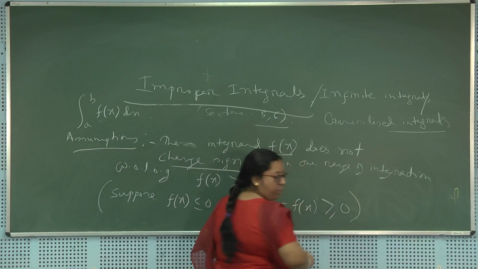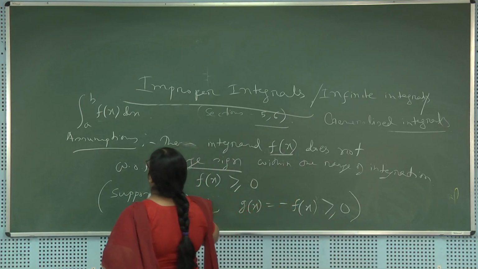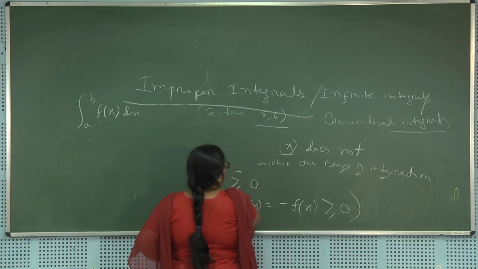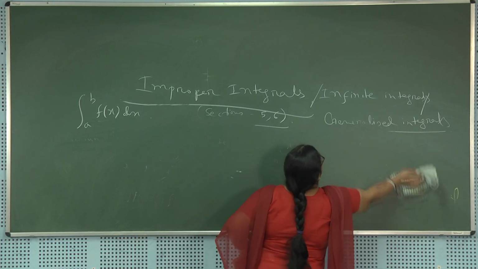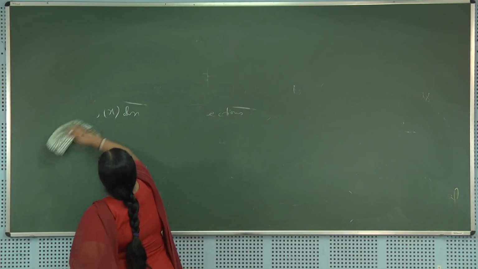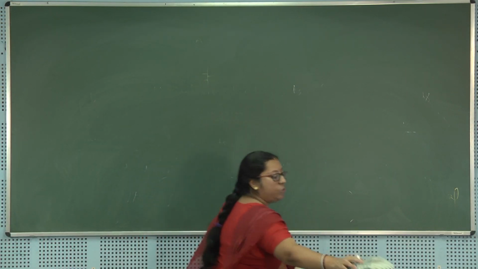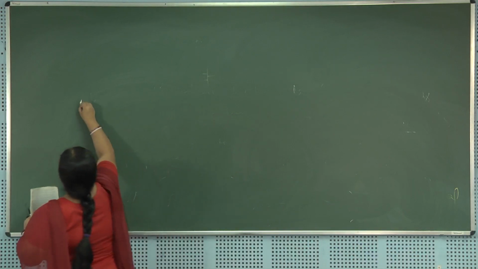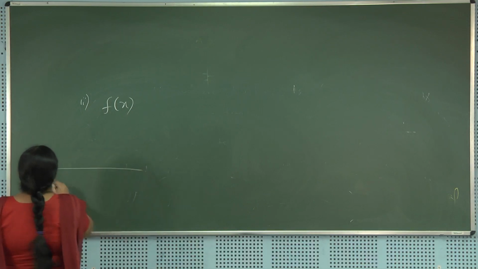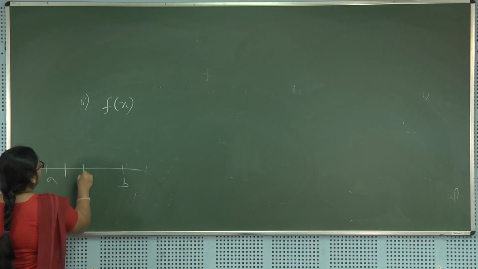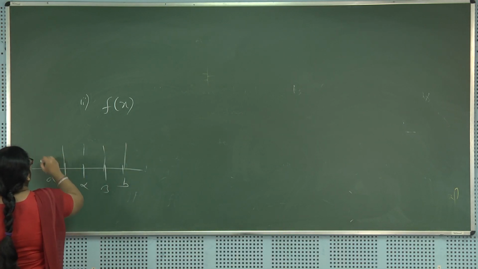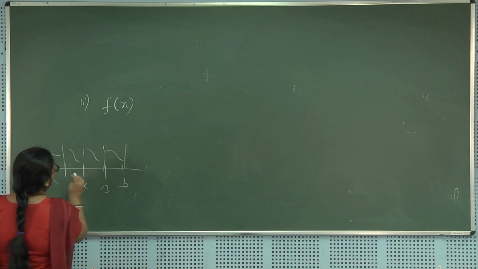The next assumption which we will undertake is that our function is piecewise continuous. This is the most important thing, that our function f x is piecewise continuous. That is, if we have an interval a b, we have several subintervals, say alpha beta. Our function is continuous within those subintervals.